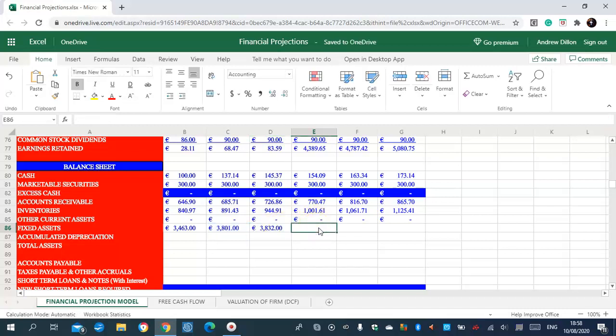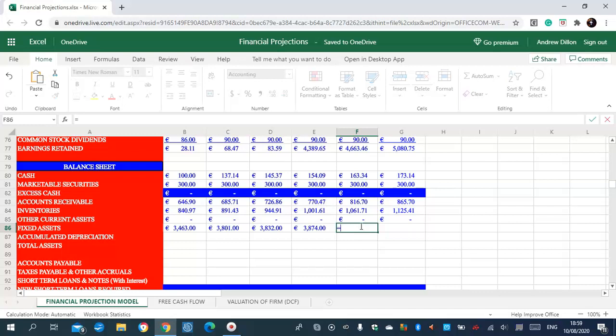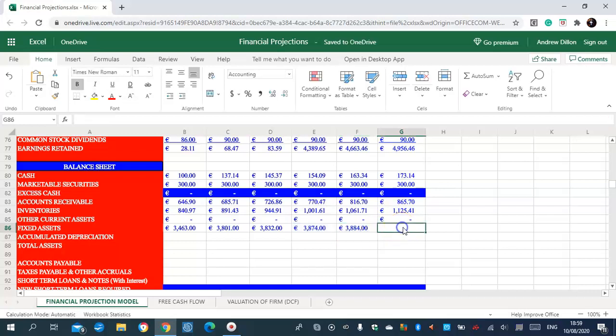Okay, now find the E answer. Okay, that's E. Now let's find the F answer. Okay, last and not least, let's find the G answer.